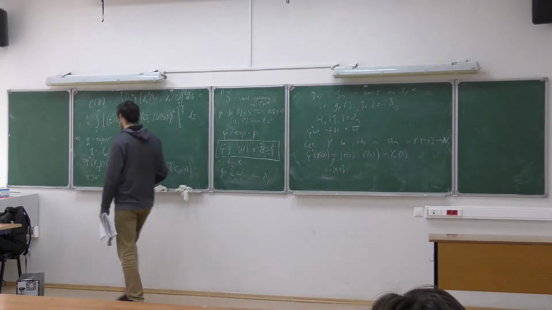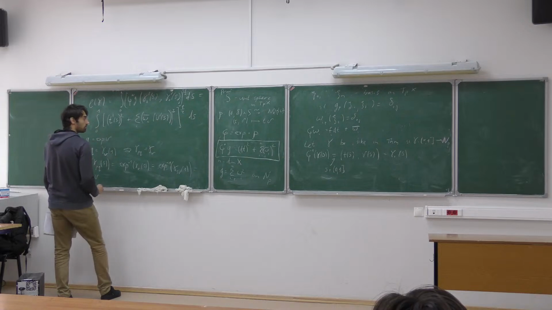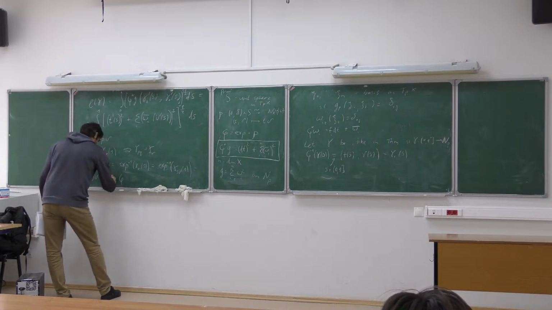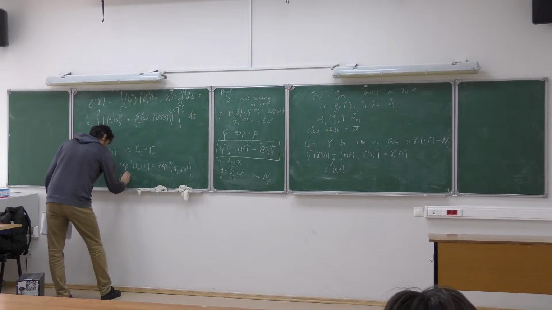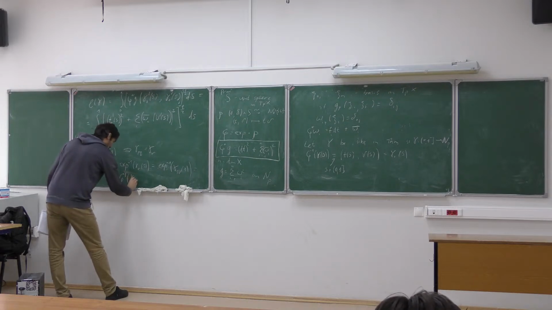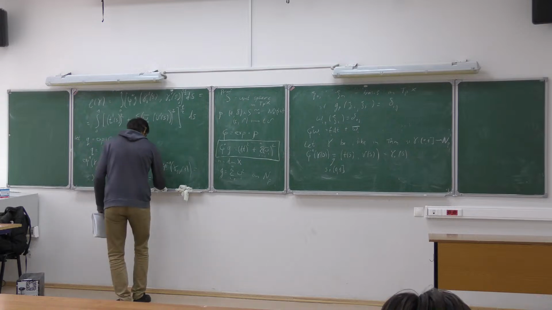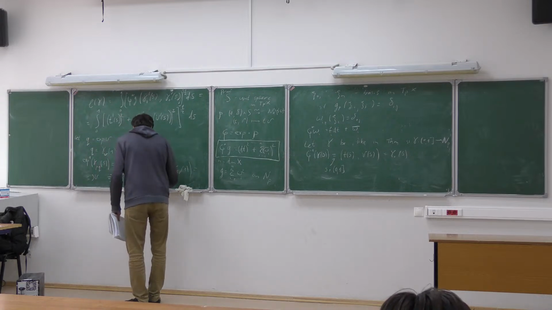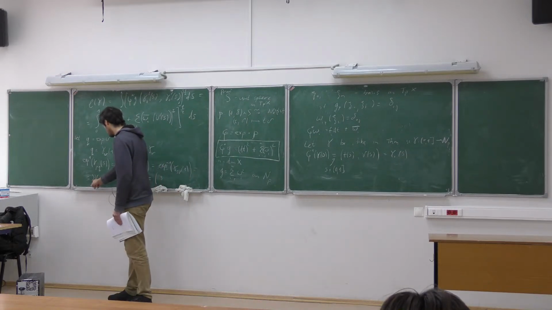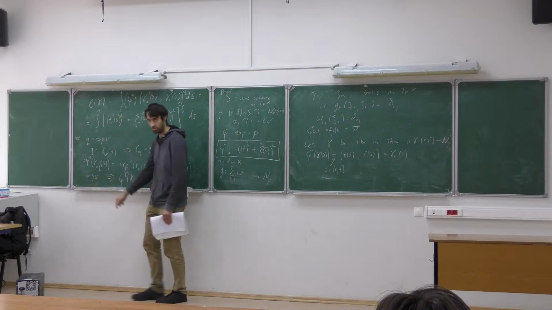So actually I have that phi inverse of gamma PQ of S is just this S, and then I have to divide by the norm of v and multiply by the norm of v.